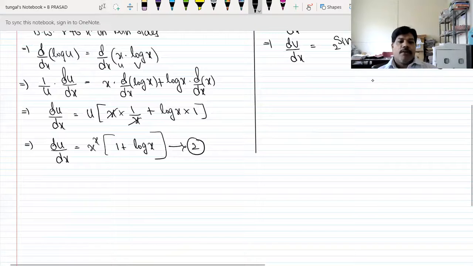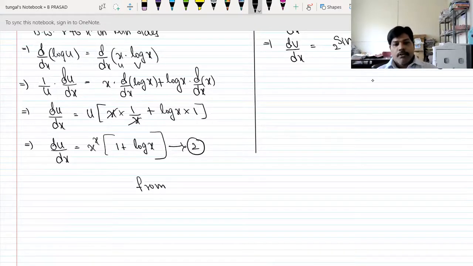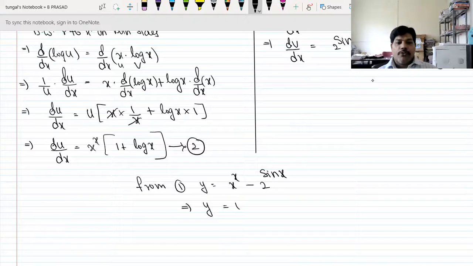See that one. From equation 1, what is equation 1, students? y is equal to x power x minus 2 power sin x. So y is equal to u of x minus v of x. These two are functions.